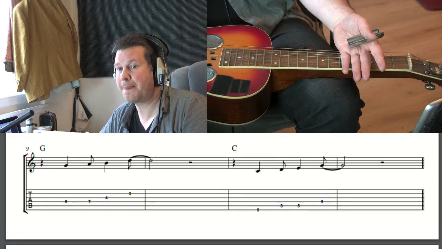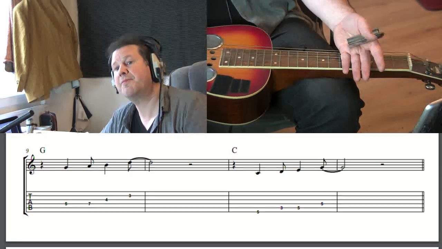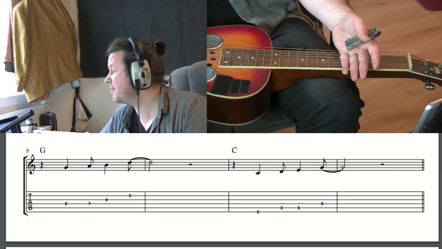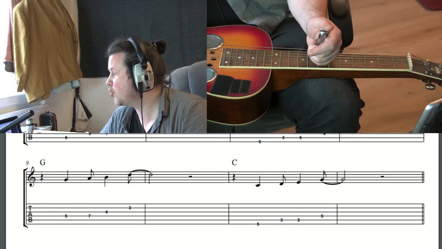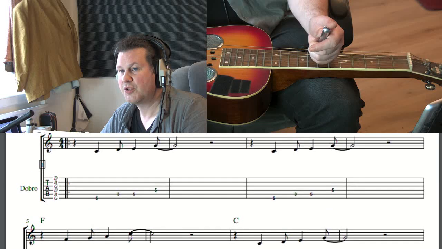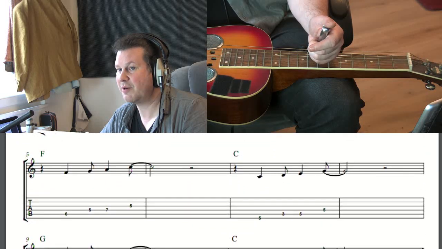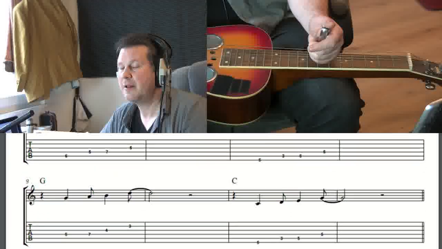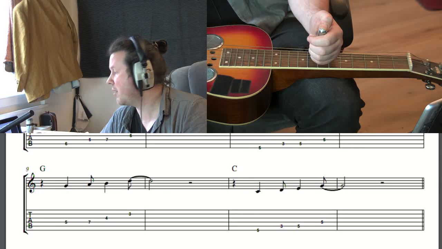Then to finish it off, we have 2 bars of G and 2 bars of C. Now, these last 4 bars are some of the places where you find the most common variations. But notice here, there's nothing shorter than 2 bars in this particular blues. Okay, so 4 bars of C is the form, then 2 bars of F, 2 bars of C is the next 4-bar structure, then 2 bars of G, 2 bars of C. Okay, so that gives us 12 bars.